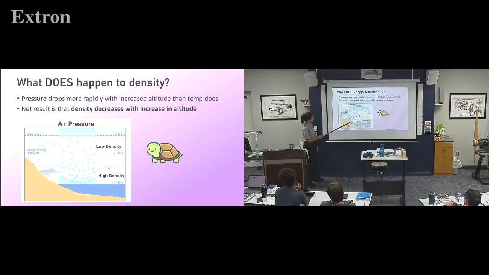But here's a nice illustration. This is representing our molecules of air. Lots of happy molecules down here close to the Earth. We have high density, molecules close together. And then as we go up, because our pressure is decreasing so much, much fewer molecules as you go up in altitude.